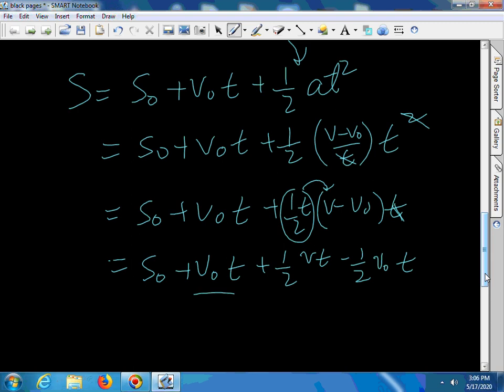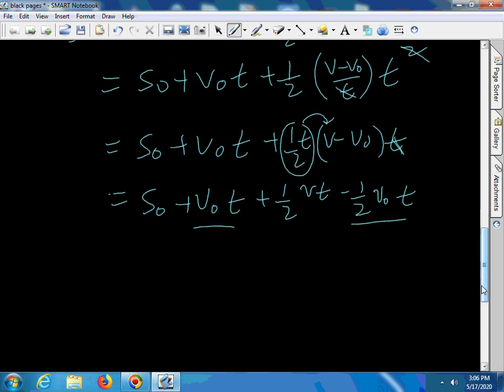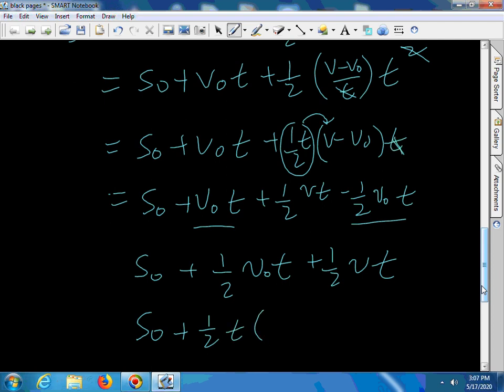And then I say, oh, if you have 1 v0t and you take away a half, you must be left with the other half. So that's another formula, and we could simplify this one a little bit by factoring out the 1/2 t.